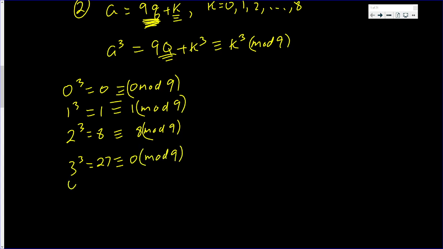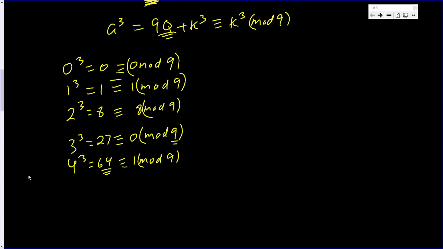4 cubed is 64. Well, 7 times 9 is 63. That leaves a remainder of 1. So 4 cubed is congruent to 1 mod 9. 5 cubed is 125. 9 goes into 125. Well, let's see. Don't really care how many times it goes in.